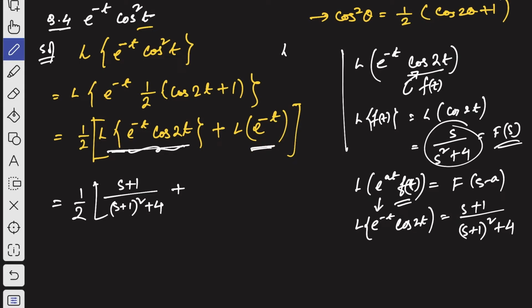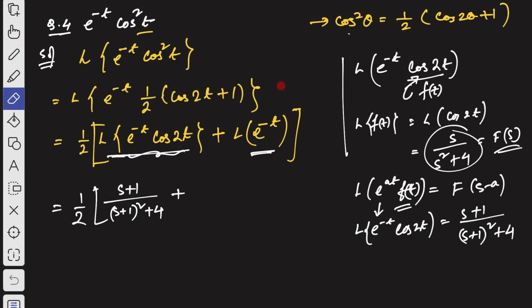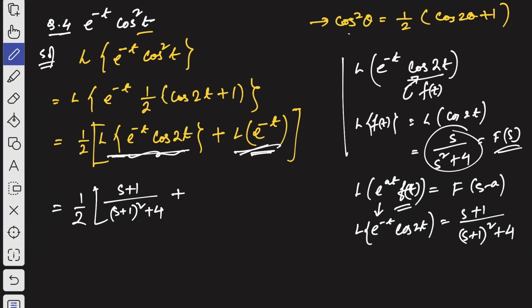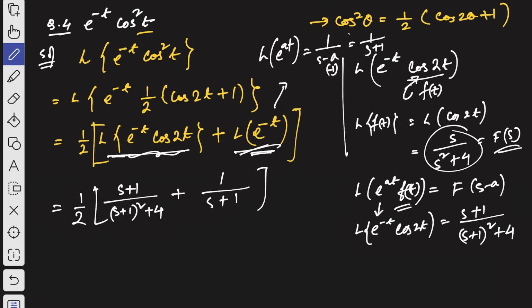We know that Laplace transformation of e to the power at is given by 1 by s minus a. So here a is minus 1, so it's going to be 1 by s plus 1, right? Because a is minus 1. So we get 1 by s plus 1. That's what we will get.